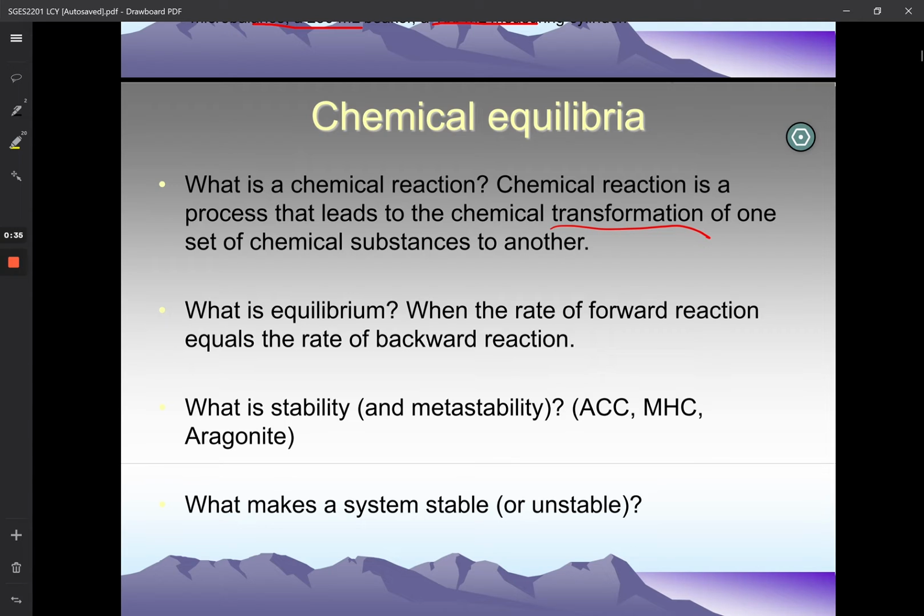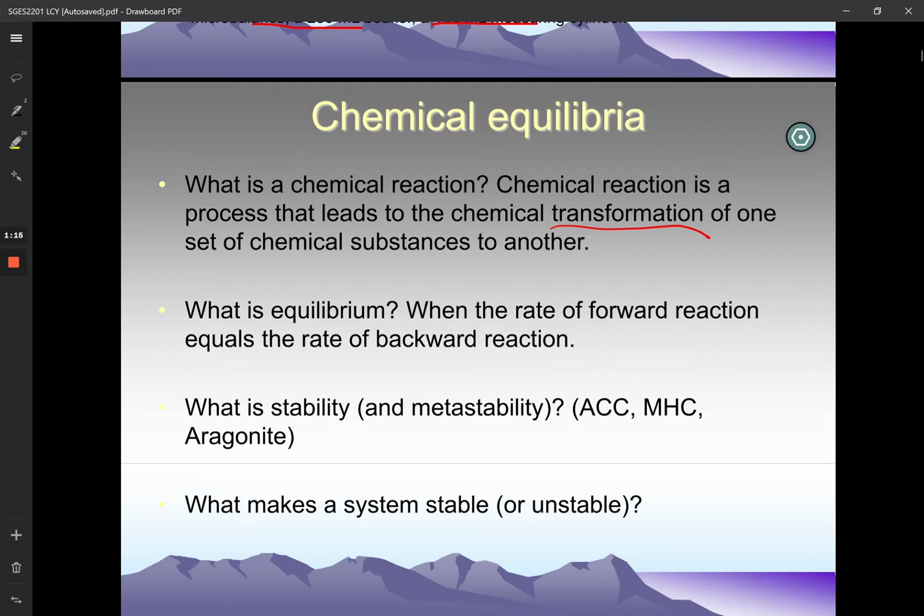And what is equilibrium? I believe you already heard about this term previously in your chemistry classes. This is a common term used when we describe chemical reactions, whether the reaction is in equilibrium or not.